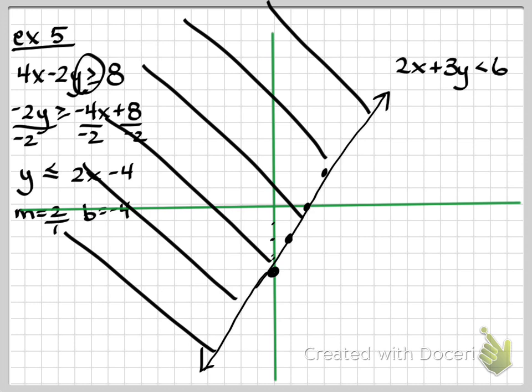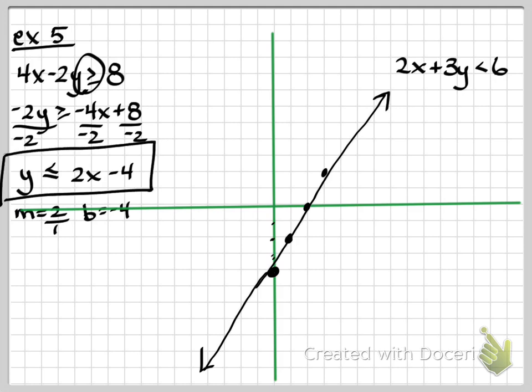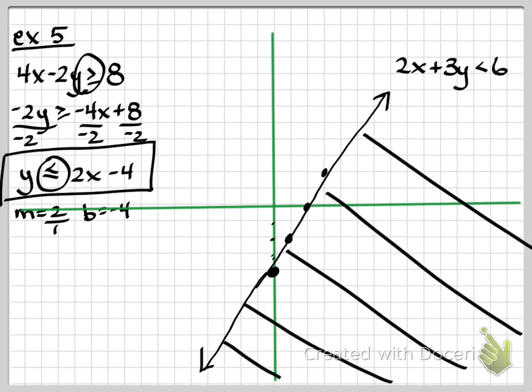I don't think that's right. Oh, you know why? You might know why. Because I don't need to look at the original. I need to look at my answer that I graphed from, and it was a less than because we had to switch our inequality. So we're shading below.